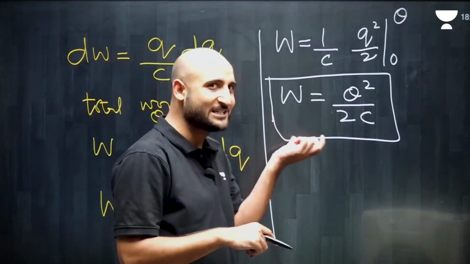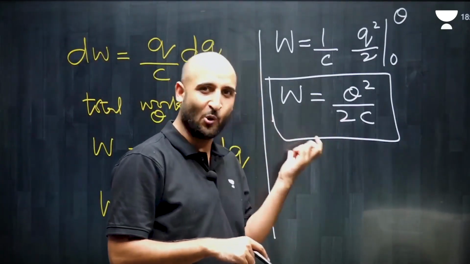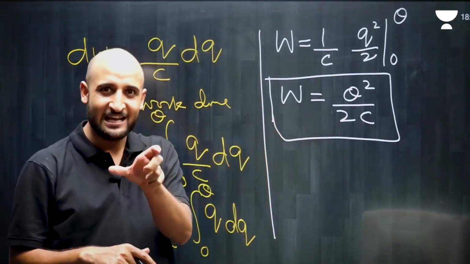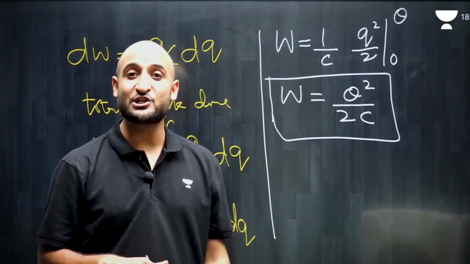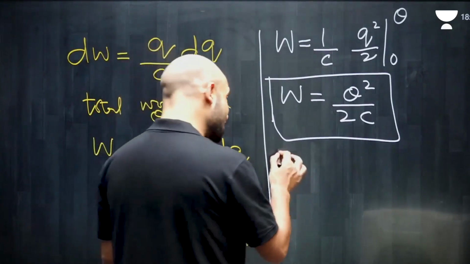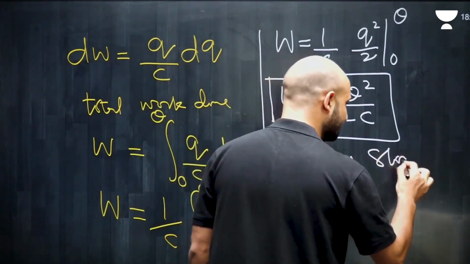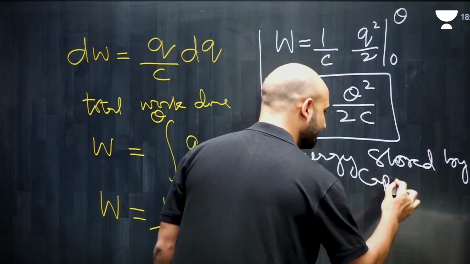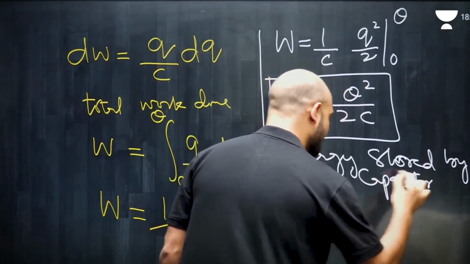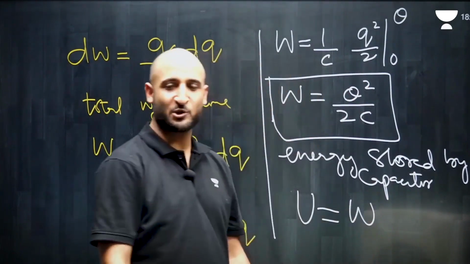Now this work done by the battery is actually stored inside the capacitor, right? And that's what we call the energy stored by the capacitor. Let me call this U, and that U will be exactly equal to W. That's what I told you.